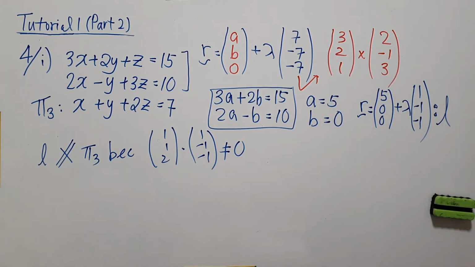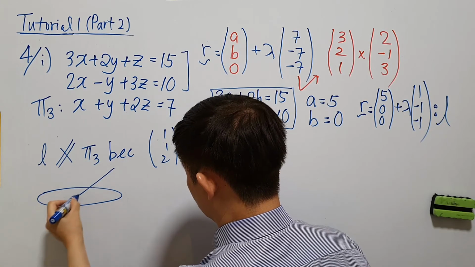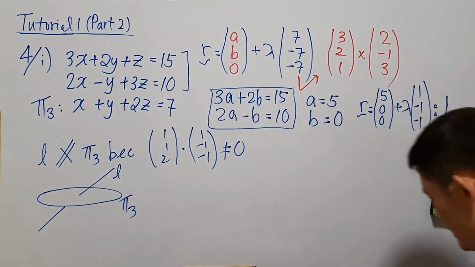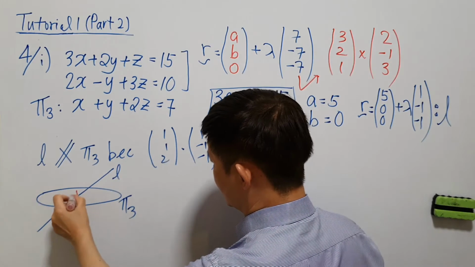You can do a calculation to check it's not 0. So if the line L is not parallel to pi 3, that means the diagram will look like this. They will surely meet at a point here.